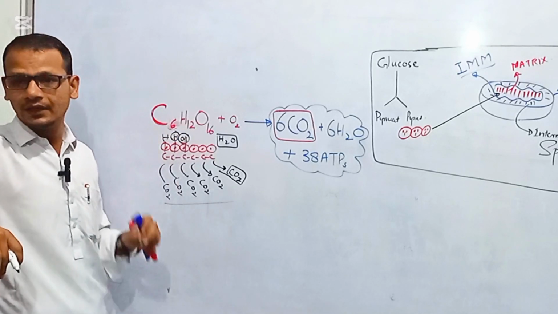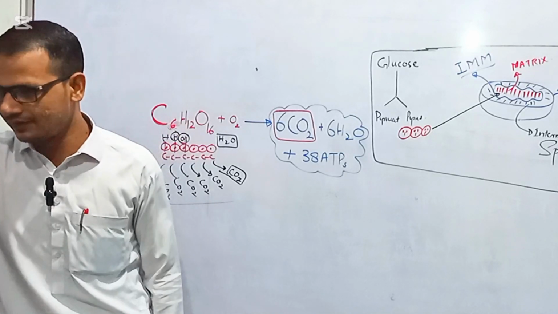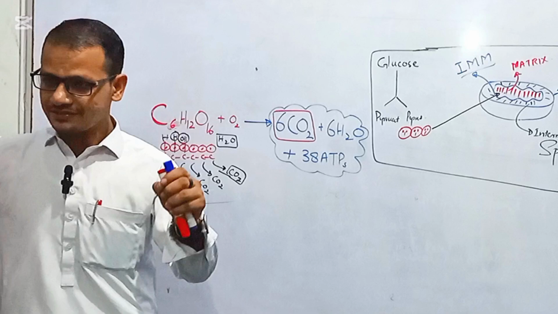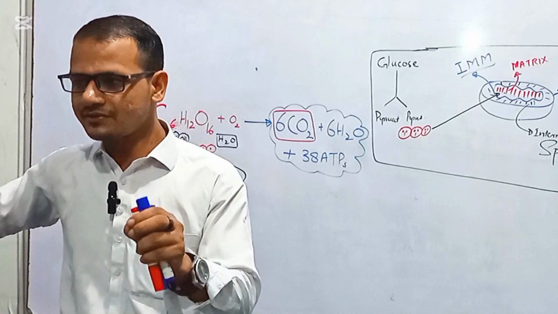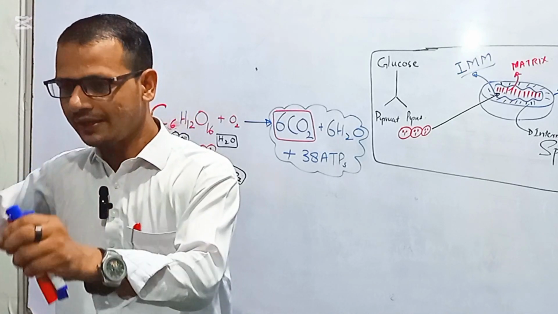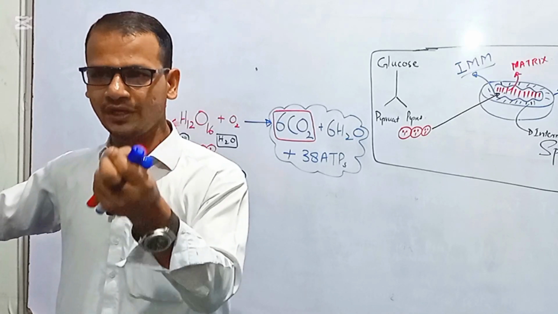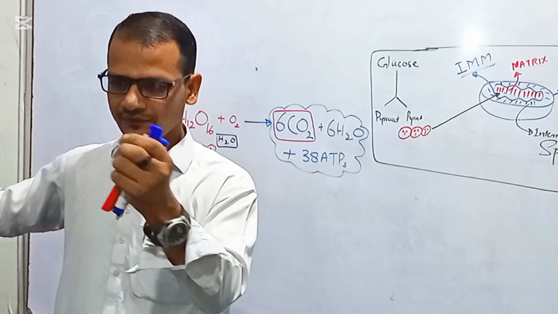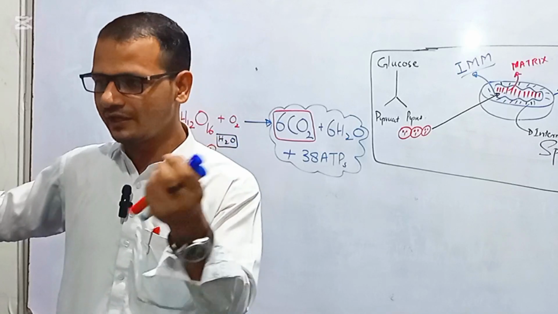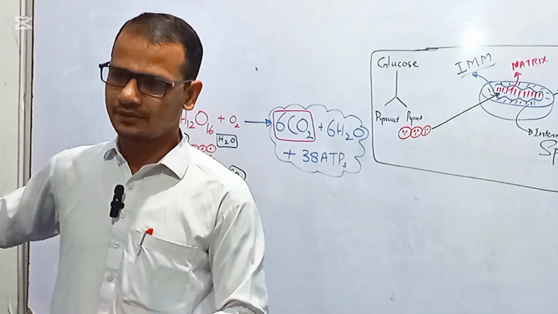This is called the dehydrogenation reaction, right? So this Krebs cycle is called a series of decarboxylation as well as dehydrogenation reactions, in which the energy is stored in the form of coenzymes FADH2 and NADH, right?